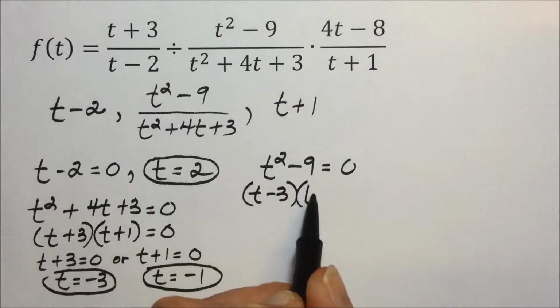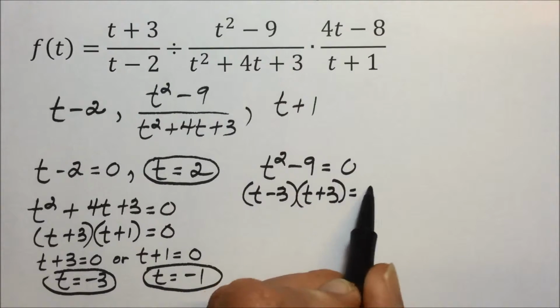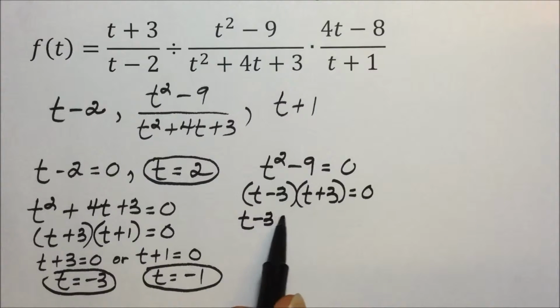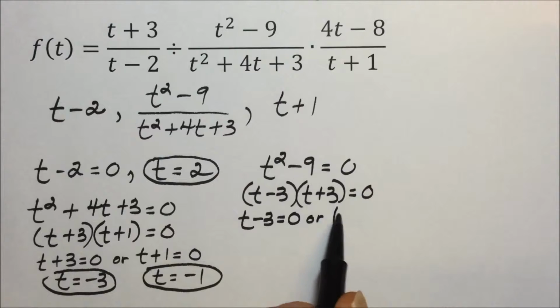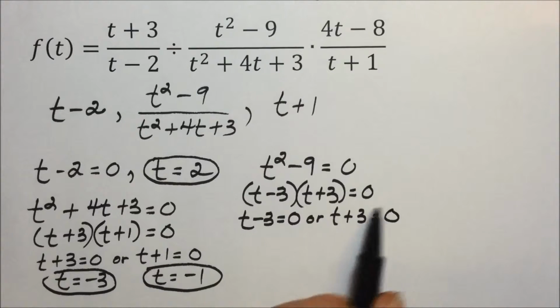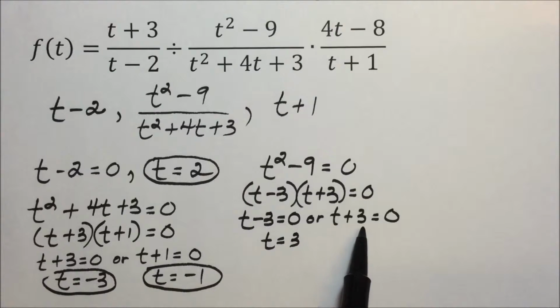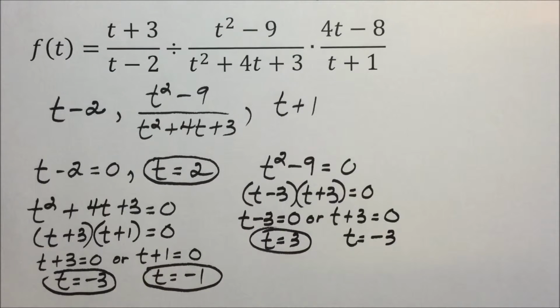We get t minus 3 and t plus 3 equals 0. The product of two things equals 0 means t minus 3 equals 0 or t plus 3 equals 0. Adding a 3 to both sides, we have a restriction of t equals 3. And subtracting a 3 from each side, we get negative 3. Well, we already had our negative 3, but we now add t equals 3 for our restriction.